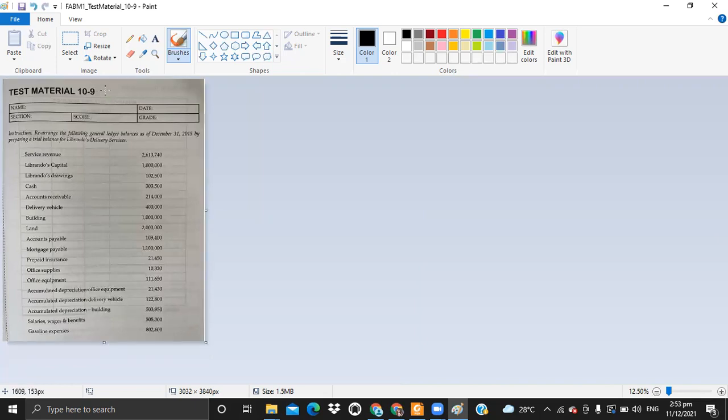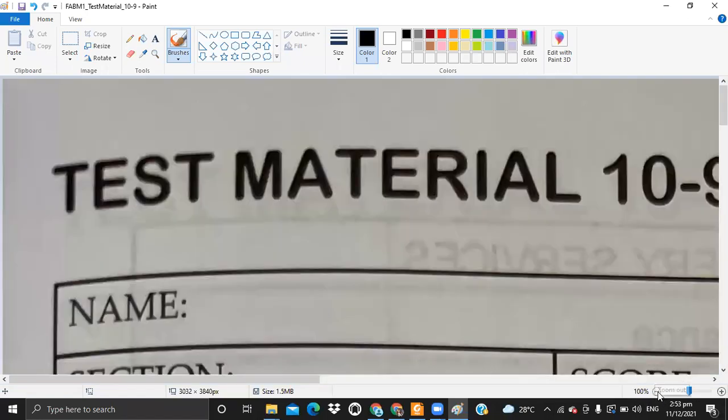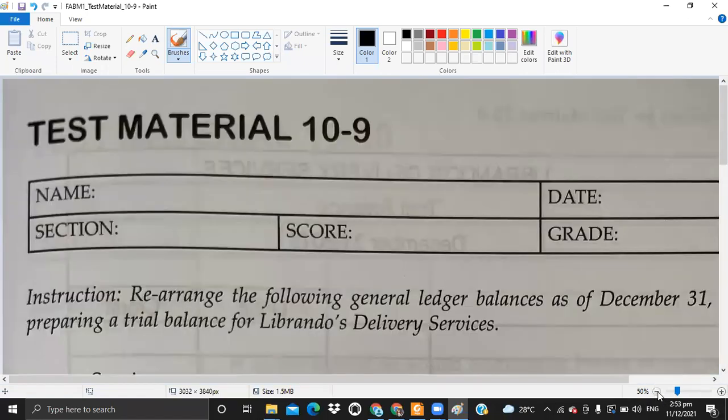Test material 10-9. Okay, so the instruction, you probably can't see it, it's too small. The test instruction here is: rearrange the following general ledger balances of December 31, preparing a trial balance for Librando's Delivery Services.